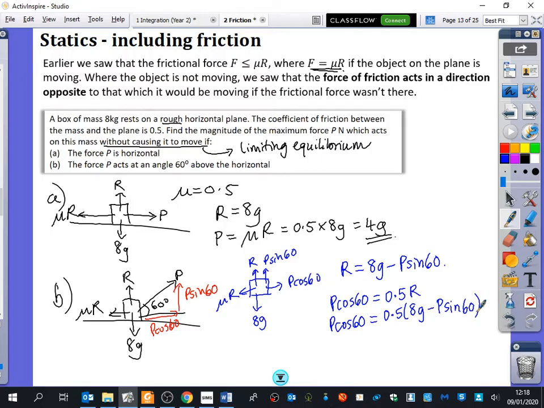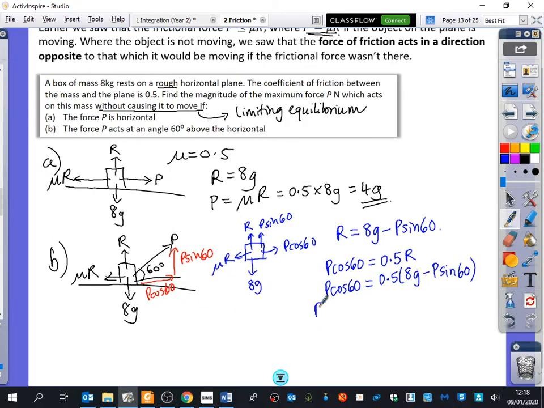So we've now got an equation that can be solved because everything is just in terms of P. So I'll expand the brackets. What do I want to do to try and find out what P is here? I could do, yeah. I don't necessarily want to do that.